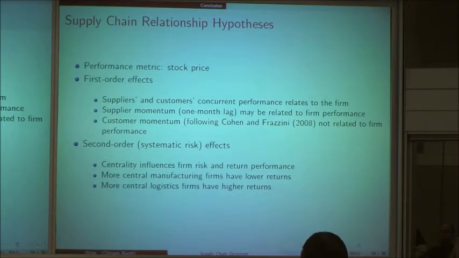I'm going to call that second order, although it's really sort of a centrality measure of how much that firm is in the middle of all firms. So how important shocks to that firm should be for other firms within this global economy.